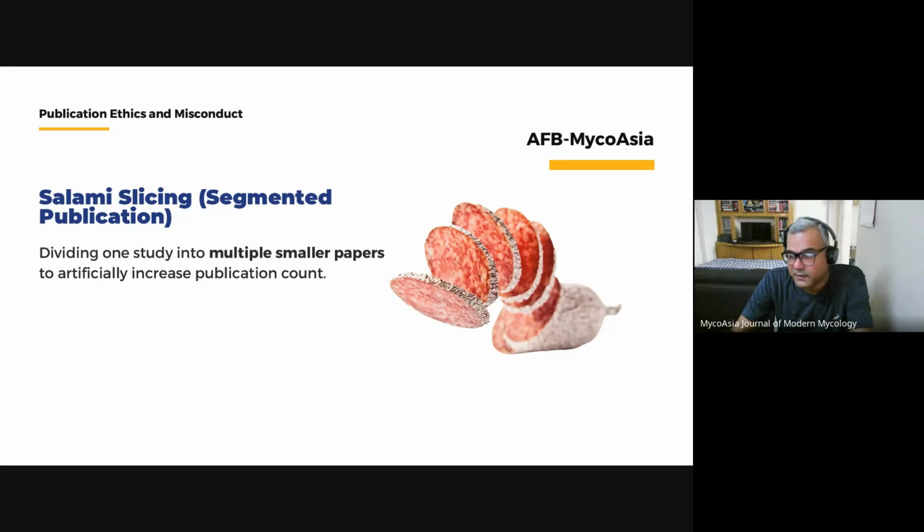Another example in the case of fungal taxonomy is that you go to, say, a forest, you collect some soil, and you get many fungi, say 10 new fungi. Instead of publishing all these 10 new species in one paper, you publish them as 10 different papers.